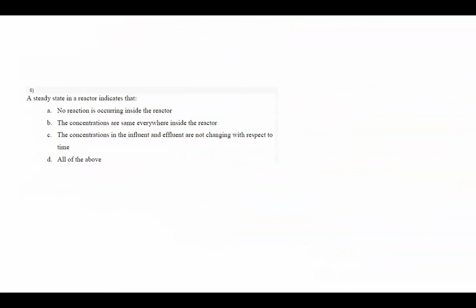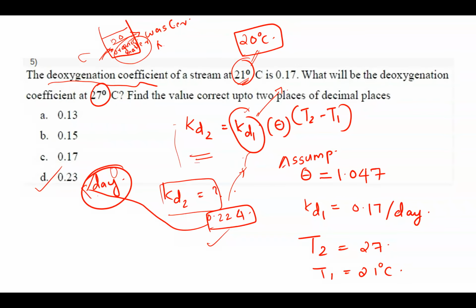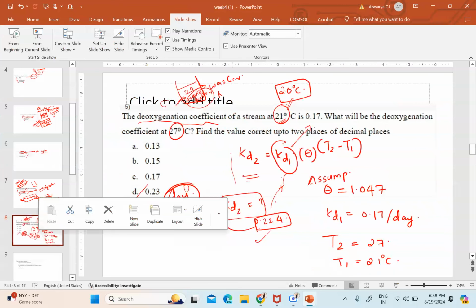A steady state in a reactor indicates, option A, no reaction is occurring. Yes, I will zoom it.